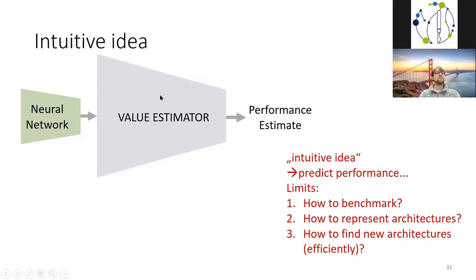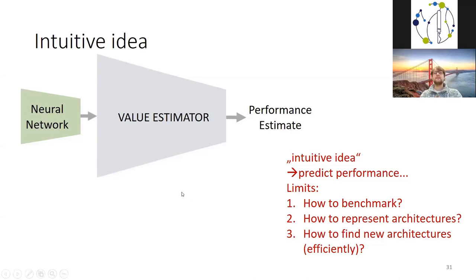And then if we trained this value estimator, we might actually assume that this generalizes and just plug in different new networks, and wouldn't have to train them, and could then just predict the performance of unseen network architectures in the standard learning way.